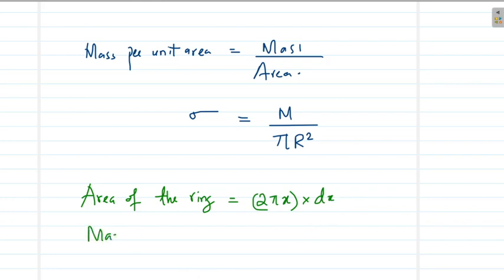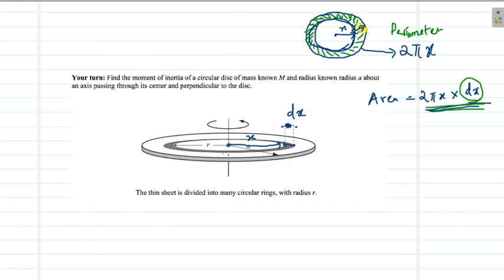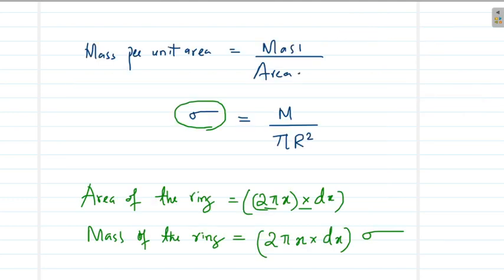And hence the mass of each of the rings can be written as the area multiplied by sigma, because sigma is the mass per unit area, right? So multiply area with sigma to get the total mass of each of these rings. So that will be the mass of the considered ring at a distance of x from the axis. Now what will be the moment of inertia of that ring?